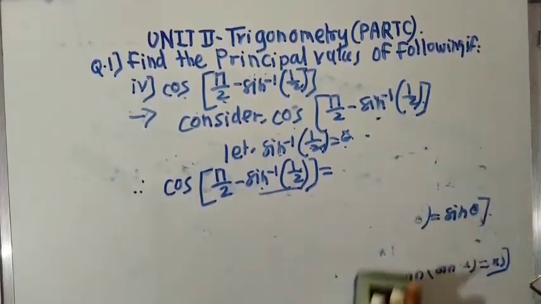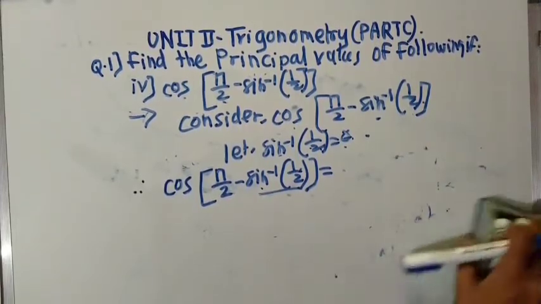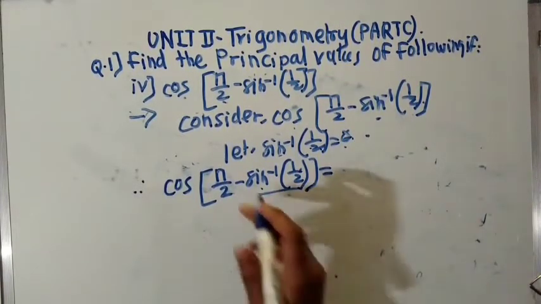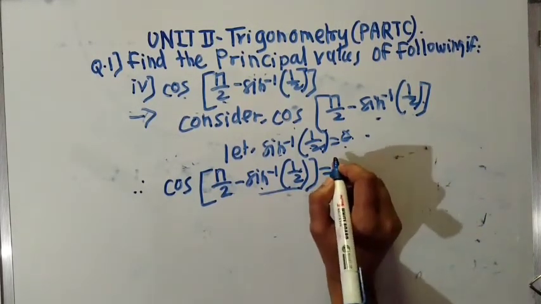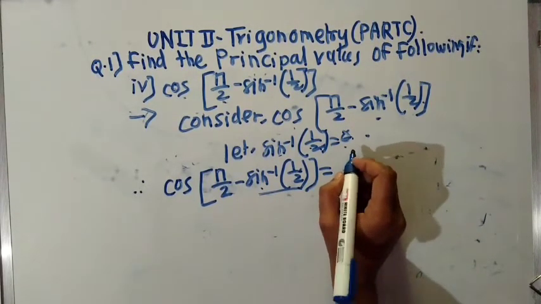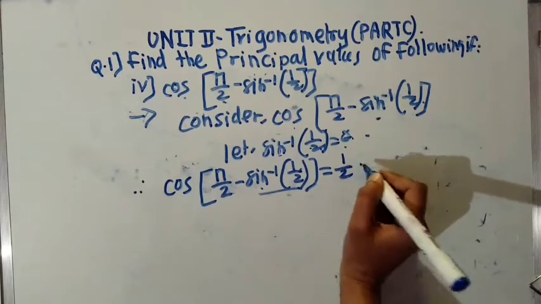Hence, cos of pi by 2 minus sine inverse of 1 by 2 is equal to 1 by 2.